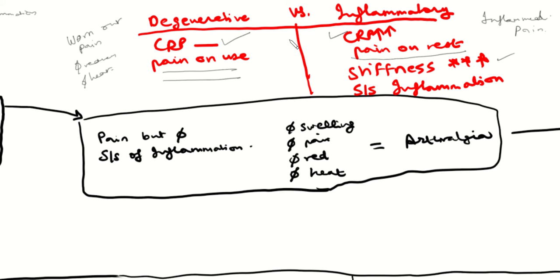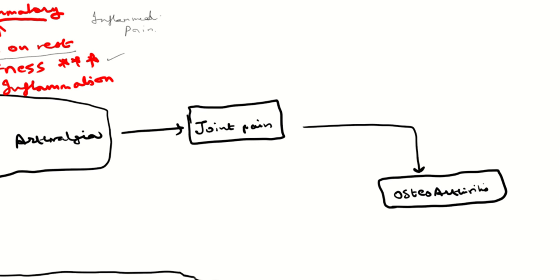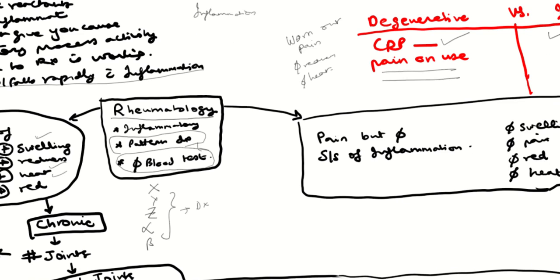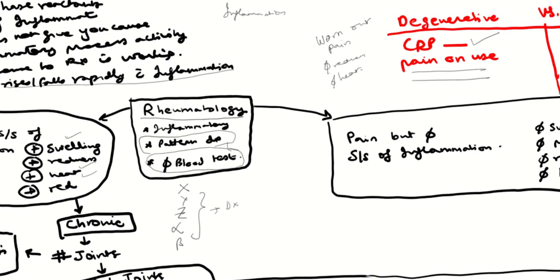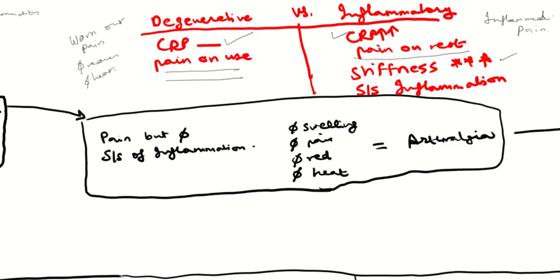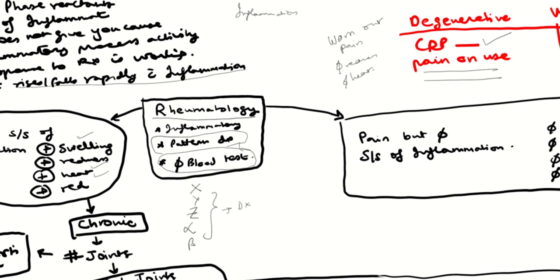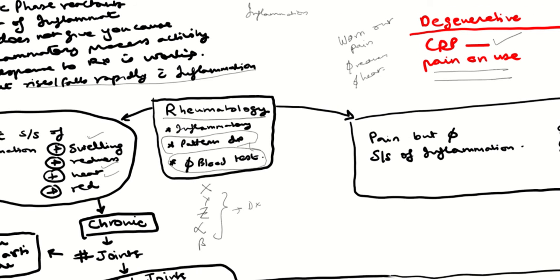So we're still studying some basic terms. Now the big thing is we know the difference between inflammatory versus degenerative disease. We know what rheumatology is. We know arthralgia versus arthritis.